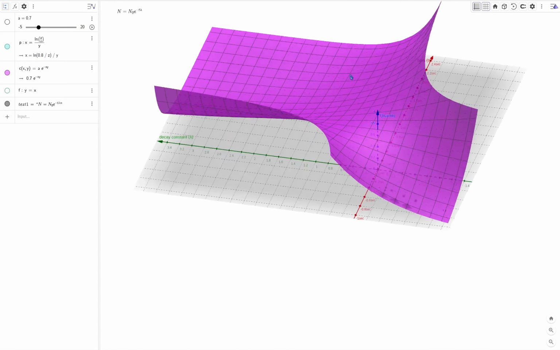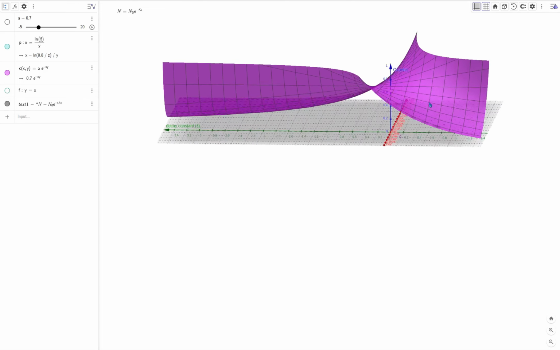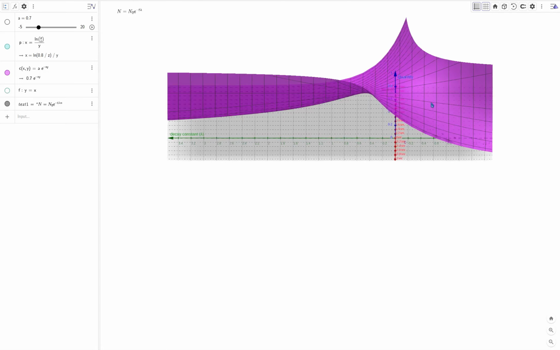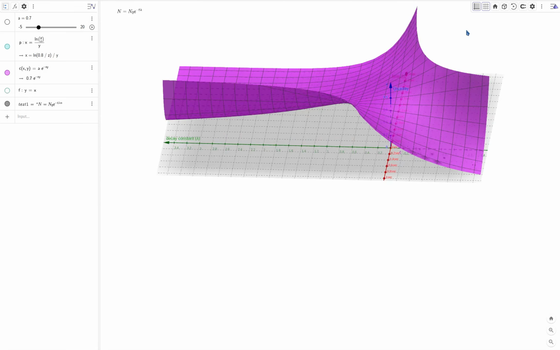We can also assume a negative decay constant. If we were to take a negative decay constant, then we start to consider what happens. Essentially, a negative decay constant would be an increase, right?